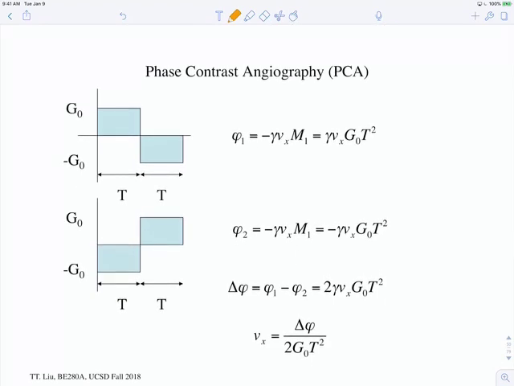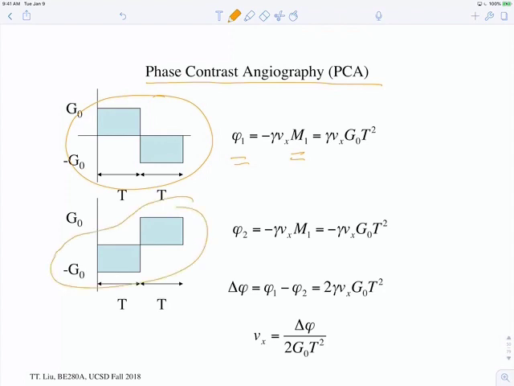This leads to a method called phase contrast angiography, and we'll just end with an example of that. Essentially I can apply a pulse with the gradients like this, and this has some first order moment, so it's going to give me some phase term phi1. When I reverse it, the first order moment changes to the negative of that, and that gives me some other phi2.